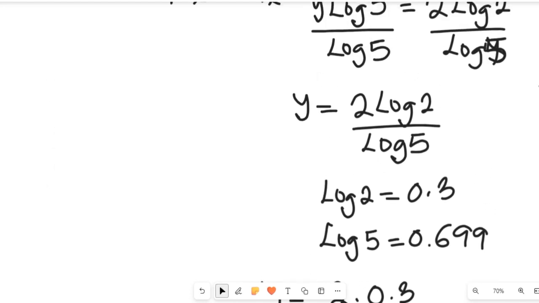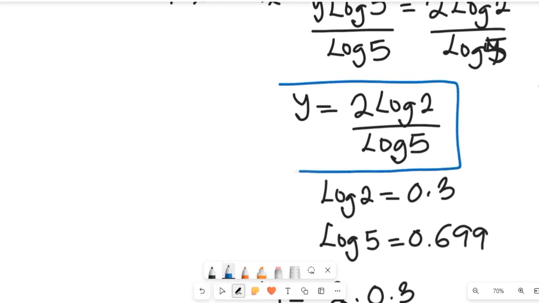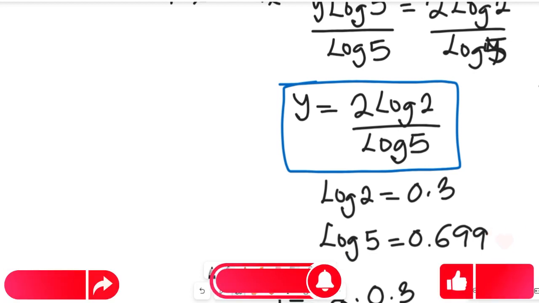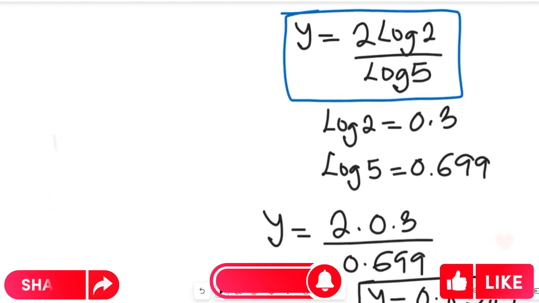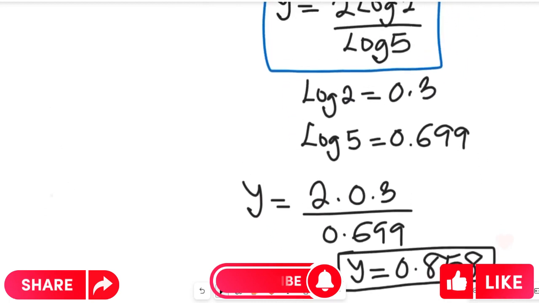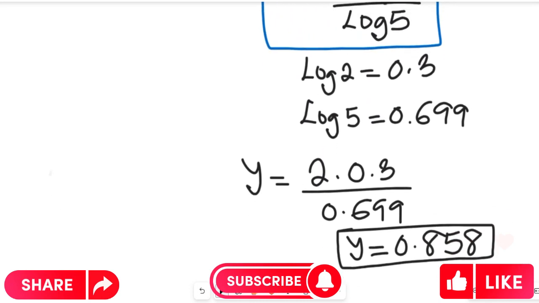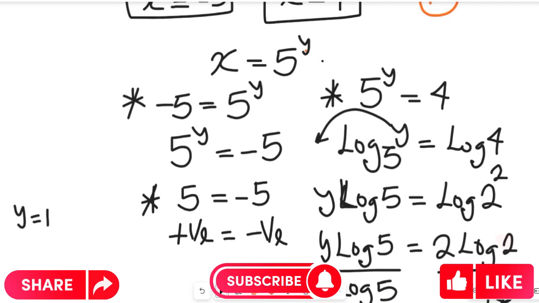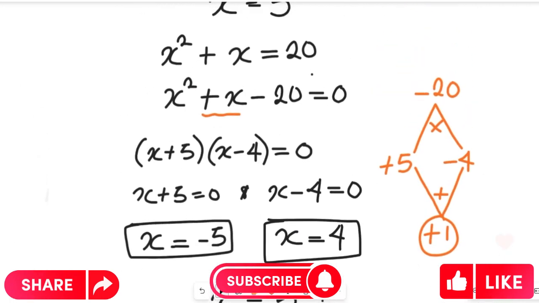But initially, the final solution is y equal to 2 multiplied by log 2 divided by log 5, which is equal to 0.858. This is the final solution to that exponential equation.